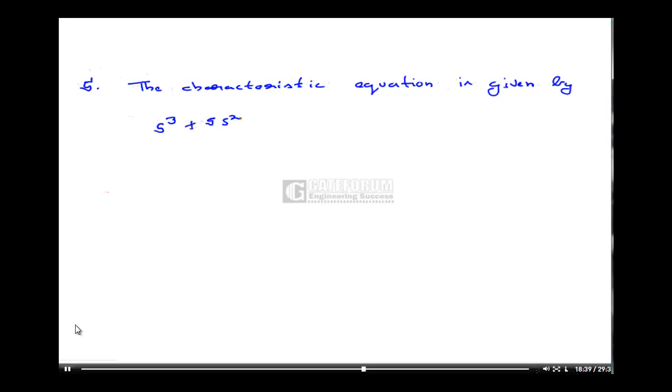Now, very good problem. Question number 5. Characteristic equation of a feedback control system is given: s cube plus 5s square plus (k plus 6)s plus k equal to 0.